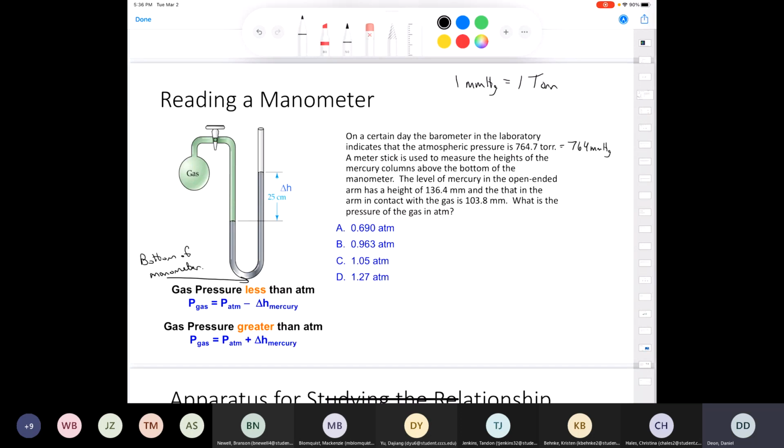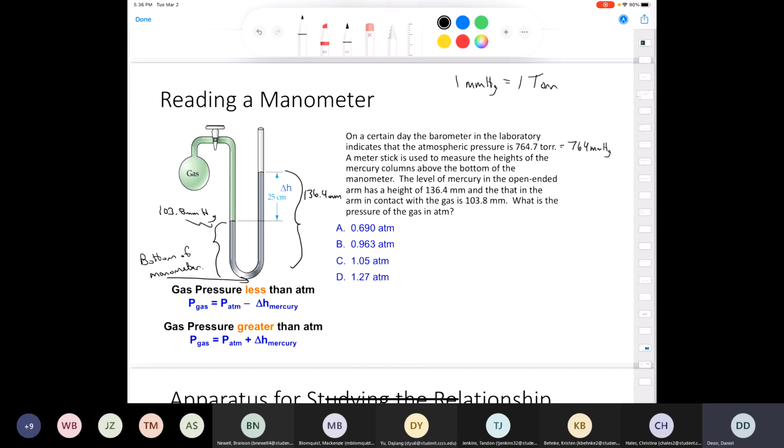All right. So we measure the heights of those columns. The level of mercury in the open-ended arm is 136.4. So that's this entire distance here, 136.4 millimeters. And this one over here on the arm in contact with the gas is 103.8 millimeters of mercury. All right.